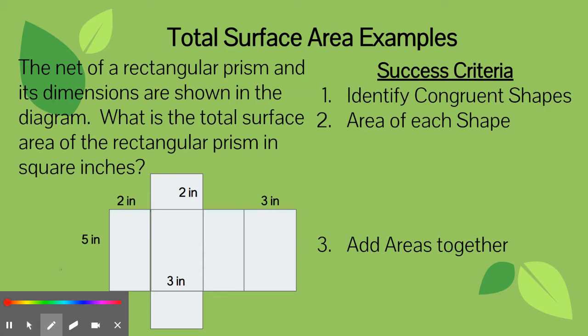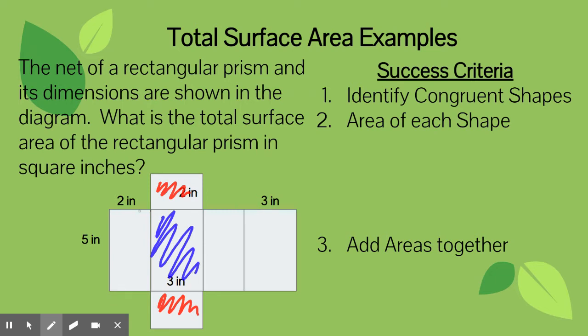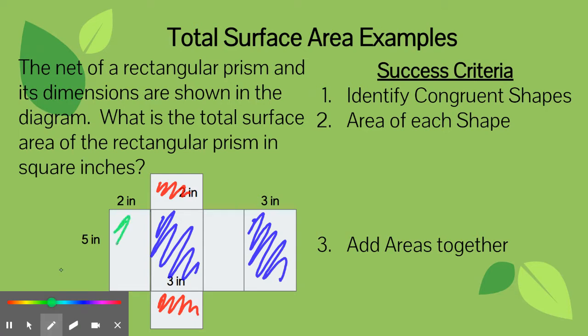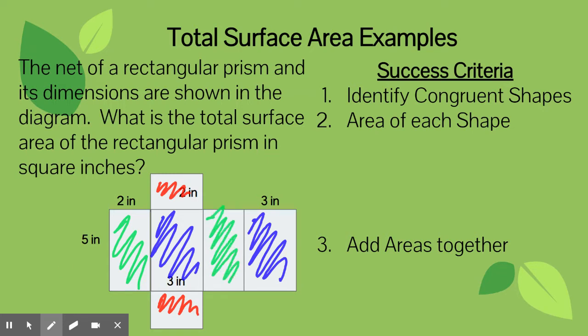This one is 2 by 3. And then let's go to blue. This one is 3 by 5, and that one is 3 by 5, so those match. And then my other one, 2 by 5, and then this would be 2 by 5, okay? So those are the ones I have.